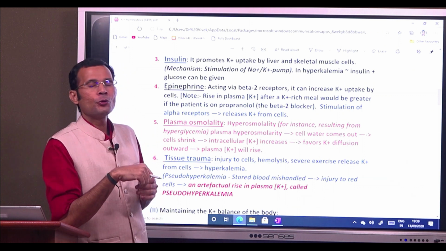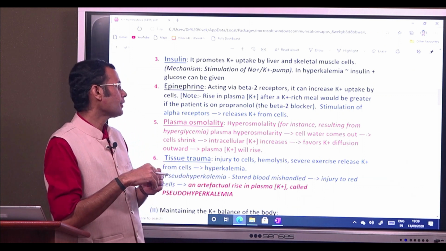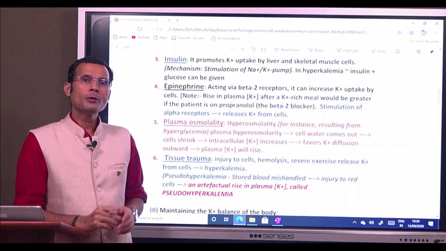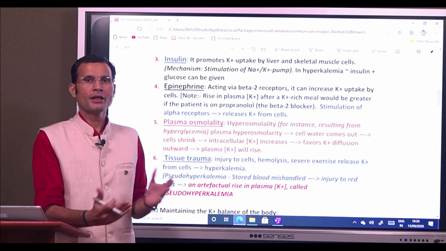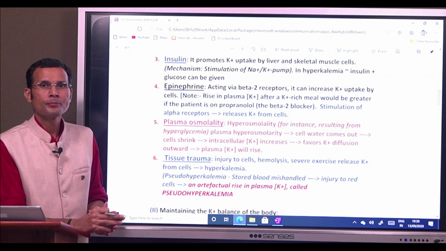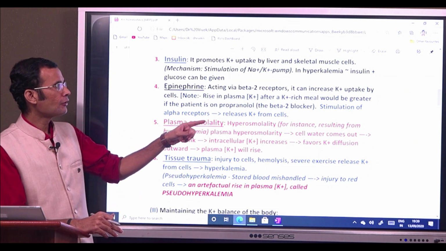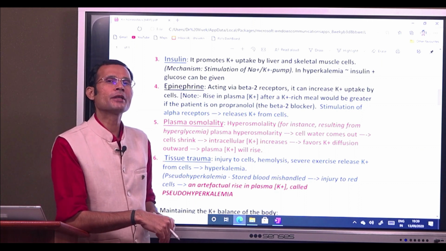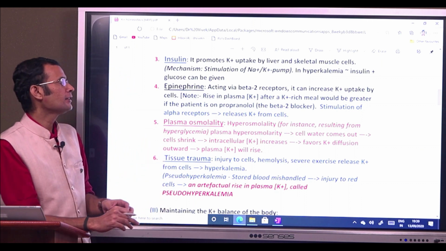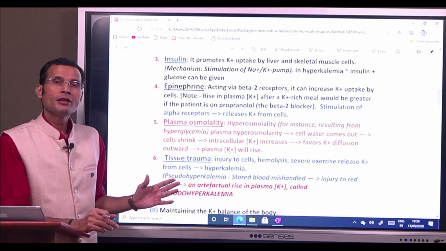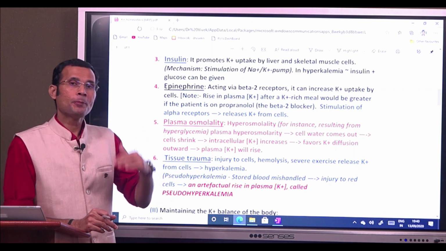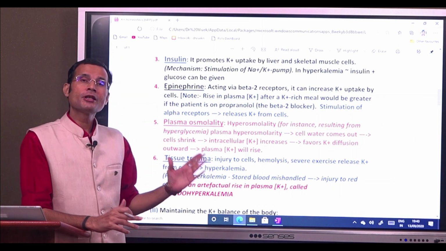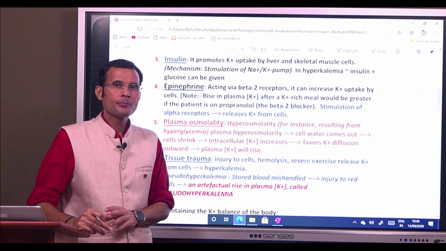The point that you should note here, a clinically very important point, is that suppose the person is on beta blockers. Propranolol is a beta blocking drug, given in hypertension, and it blocks the action of epinephrine on these beta receptors. Now what will happen is, there will be a rise in plasma potassium after a potassium rich meal.